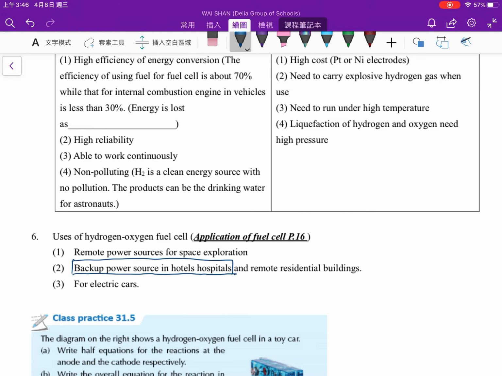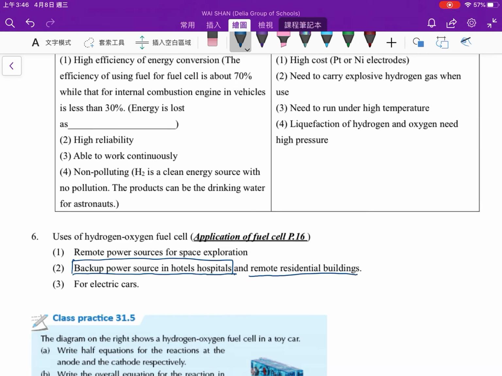That's why it is very important for the hospital to have a backup power source. Once the electricity goes out, they can supply the hydrogen to the fuel cell immediately, and then electricity will go back to normal before the electricity comes back from the power plants.